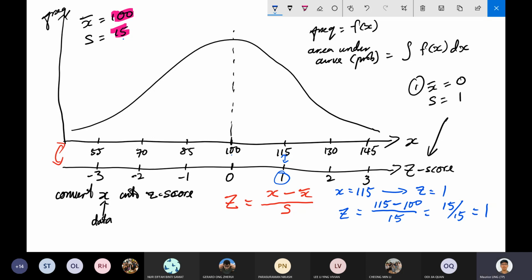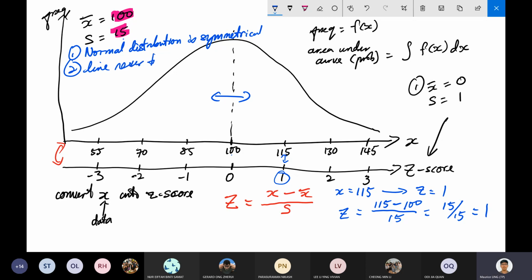Okay, and two very important properties. Number one is your normal distribution is symmetrical. That means these two sides are the same. The second is the normal distribution, the line itself, never touches the horizontal axis. It's asymptotic.